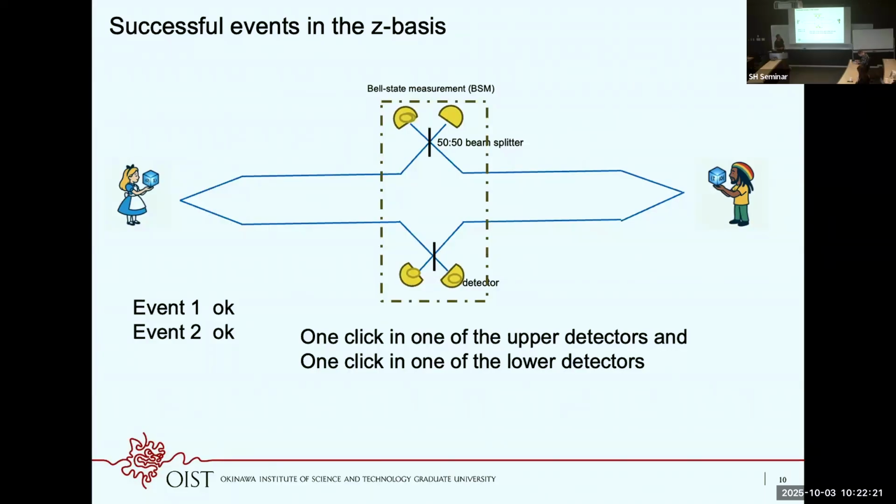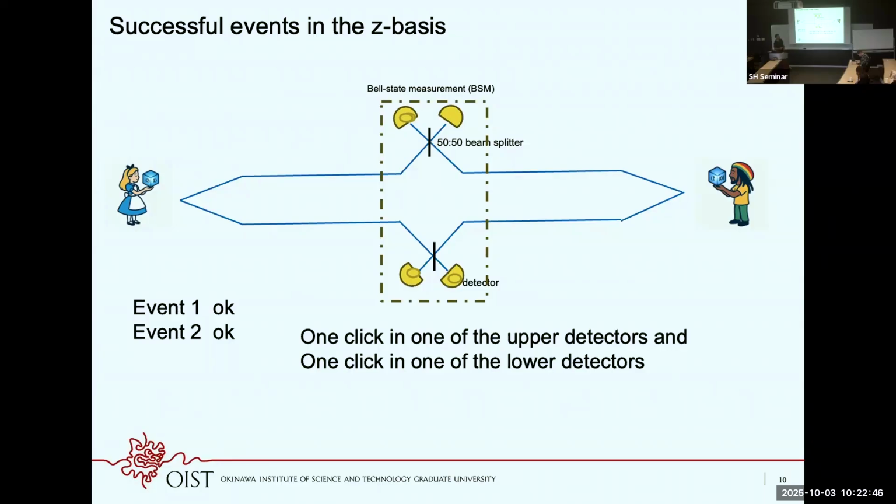When the photon goes here and interferes with the beam splitter, it can go either here or there. The same on this side, it can go to both detectors. After the 50-50 beam splitter, what Charlie can see is only the detection event.